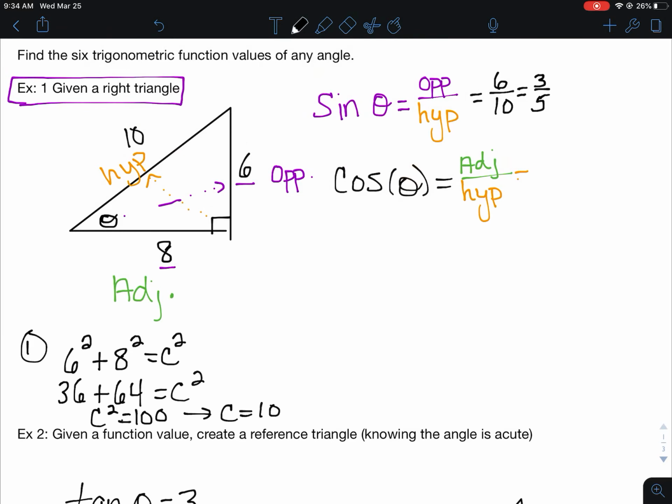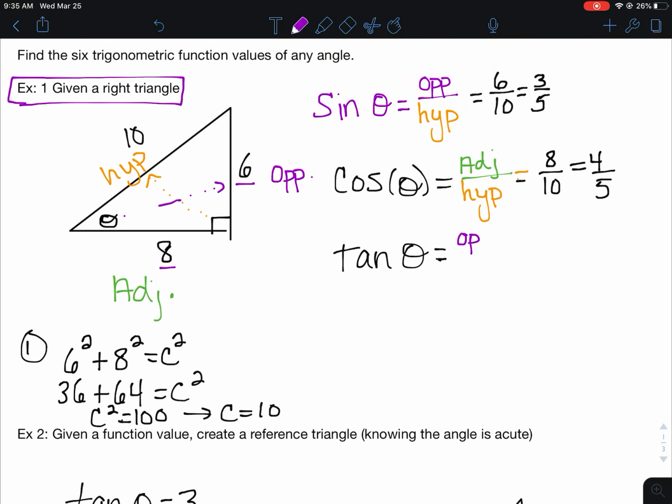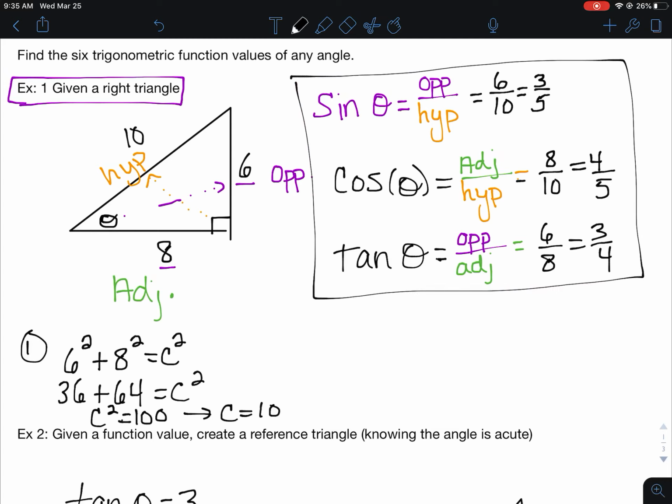So in this case here, the adjacent side is 8 and the hypotenuse is 10, so we get 4/5. All right, and then to find the tangent, we're going to need the opposite over the adjacent. So here we would have 6 over 8 or 3 over 4.